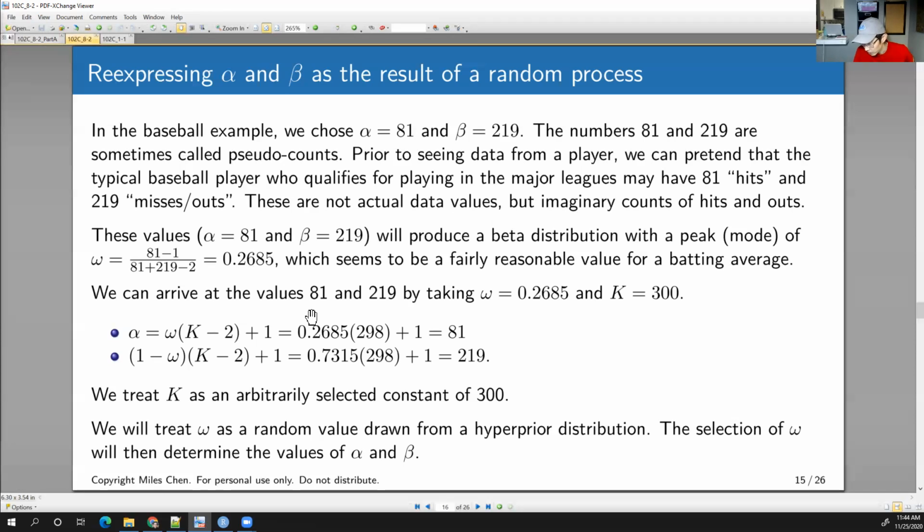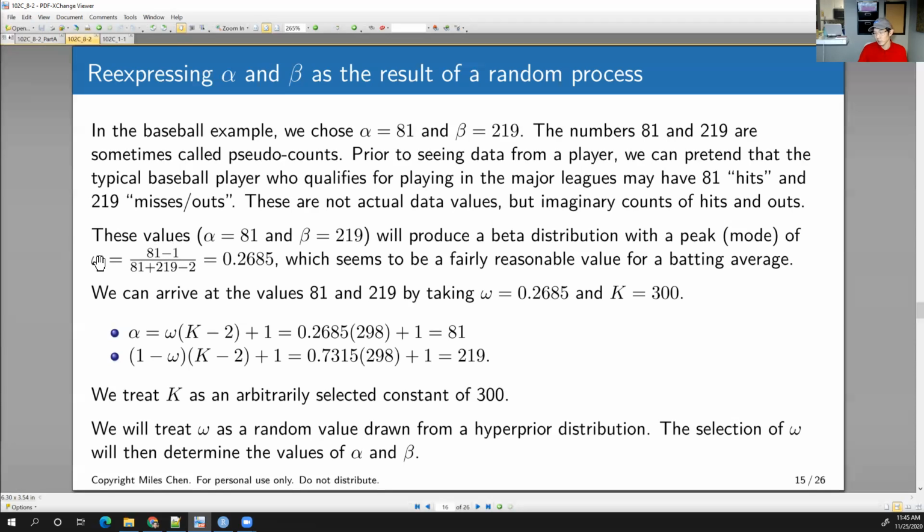What we're going to do to facilitate this prior distribution setup, the hyperprior distribution setup, is rather than trying to draw alpha and beta directly, we're going to draw a value omega, okay? And omega is going to represent the mode, or the peak, of our beta distribution, okay? And so the mode of the beta distribution is alpha minus 1 divided by alpha plus beta minus 2.